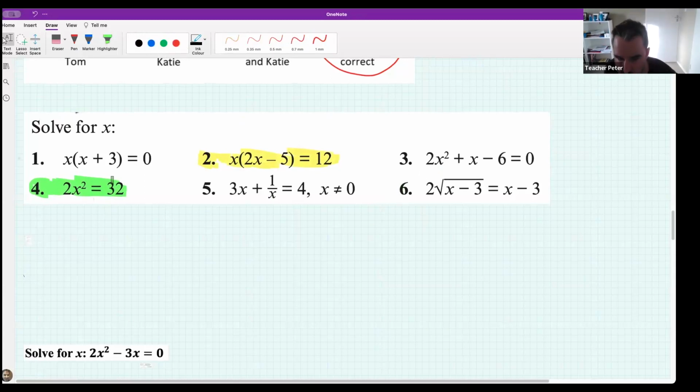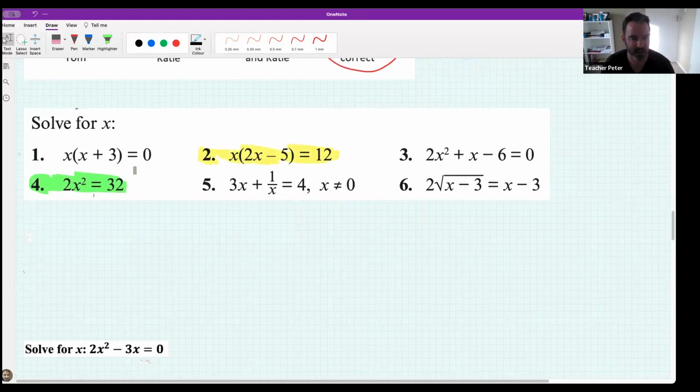So you guys do 2 and 4, and then you just say 2 done and 4 done in the chat when you're done, and then I'll give you some feedback. If you want to ask a question, pop your hand up and we can have a little discussion. Or if you feel like giving hints to your classmates, give the hints in the chat.